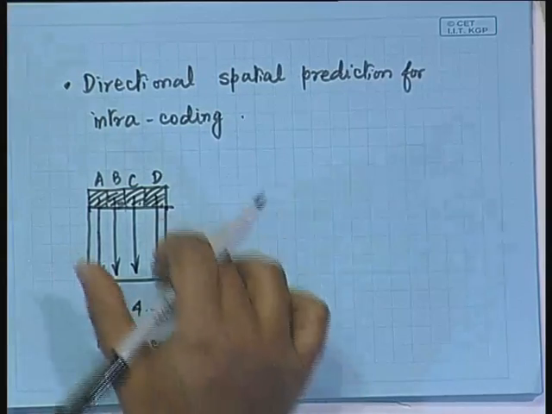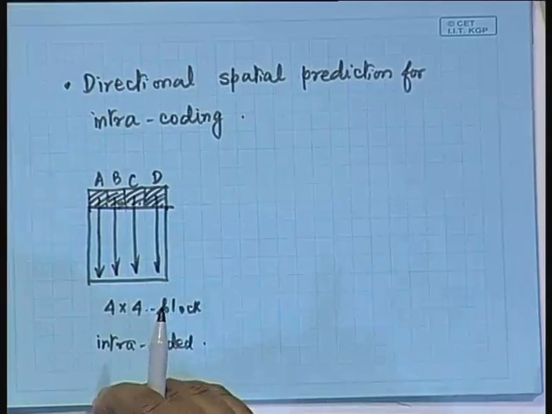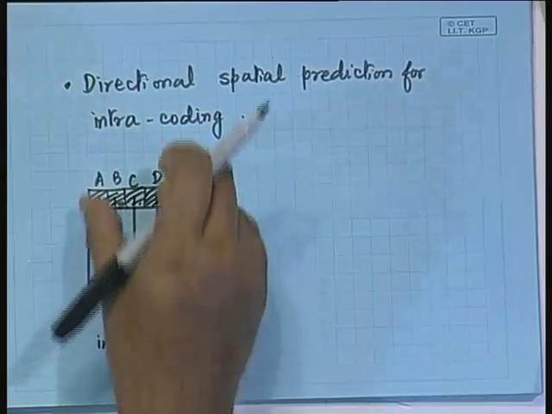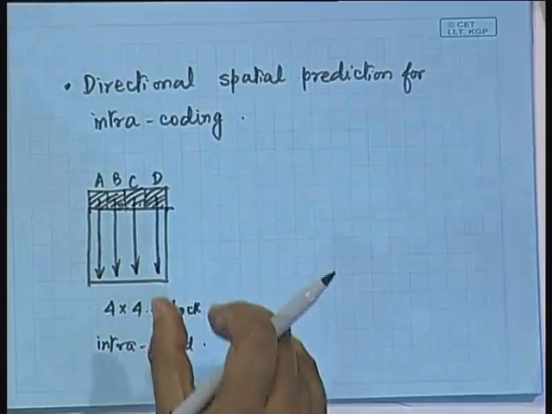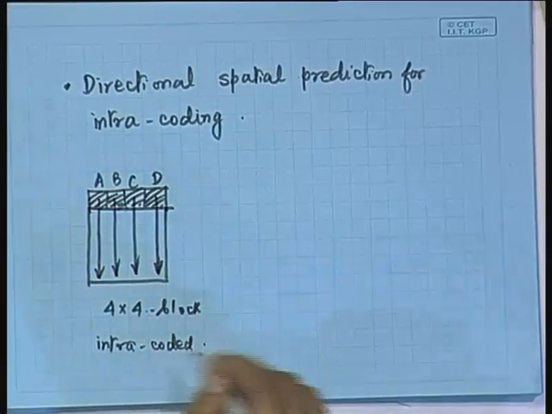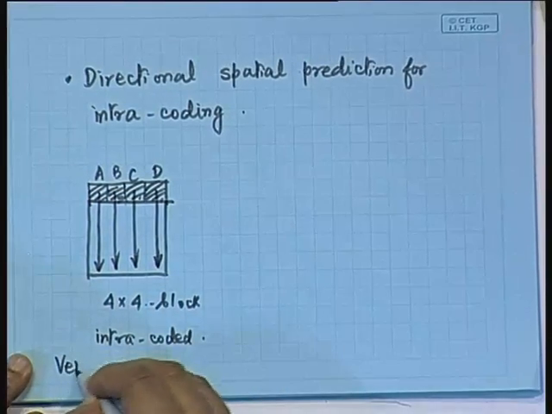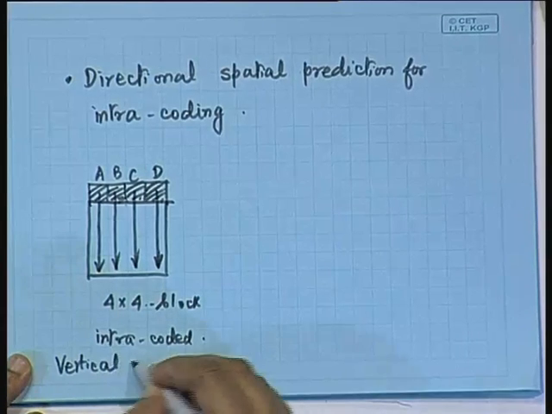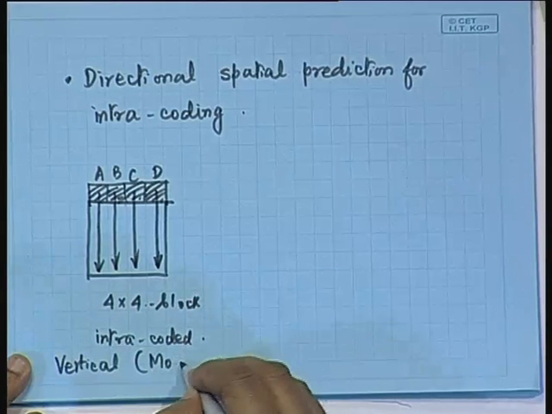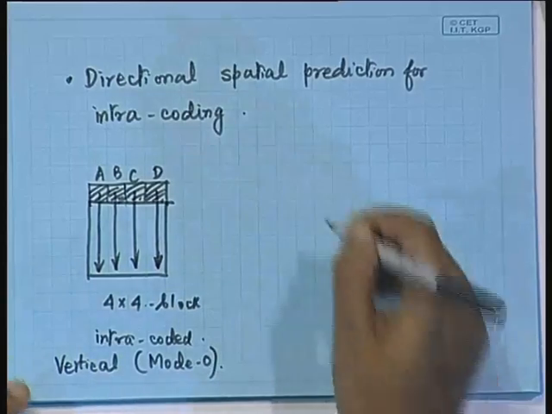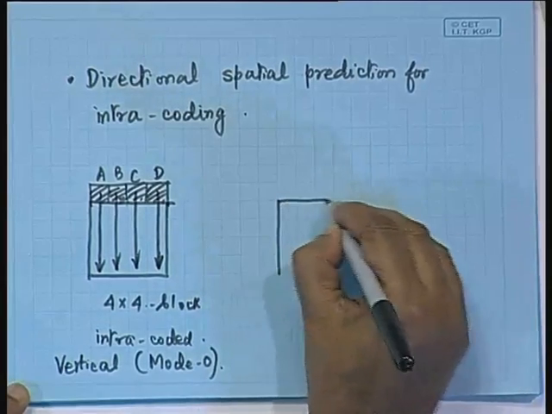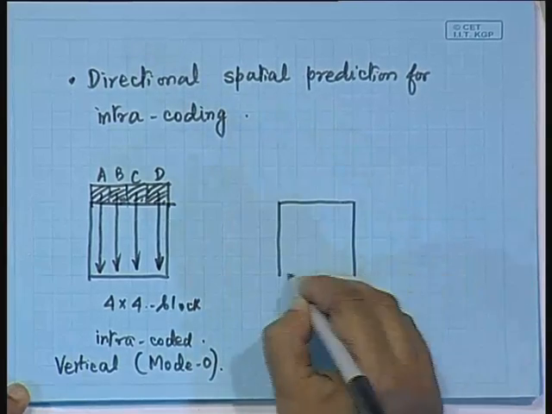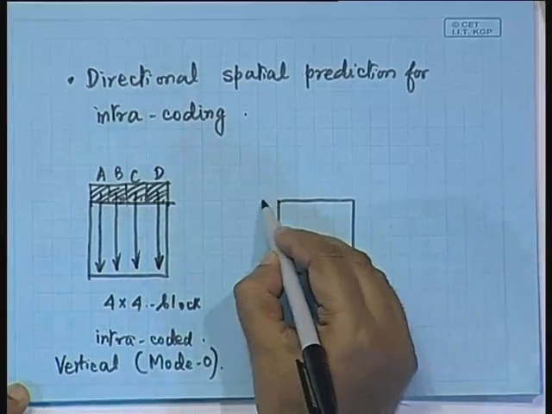So, in this case this is a vertical prediction. We are using the top pixels to predict this 4 by 4 block, and vertical prediction is called the mode 0 prediction. Just like the way one can do a mode 0 prediction, one can do a horizontal prediction also. How?